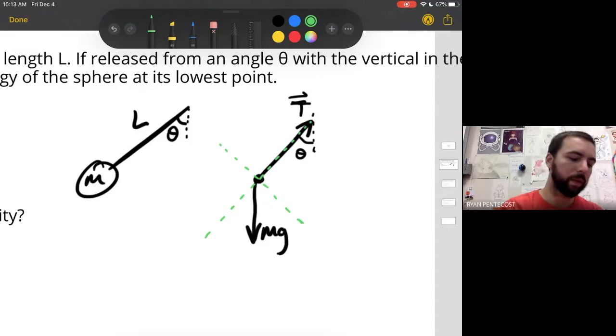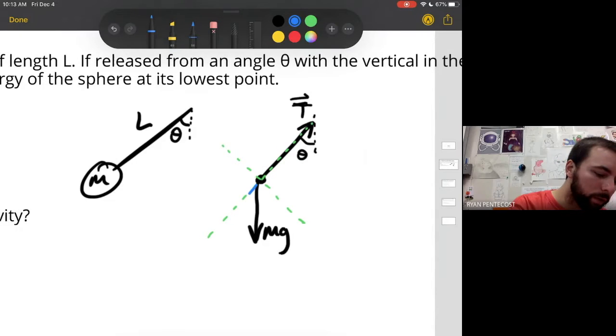There you go. So these are the axes that we are going to use to find the kinetic energy of the sphere at its lowest point. Now you'll notice here that our mg has a component in both directions, whereas tension only has a component in one of those directions. And we have our angle theta right there.